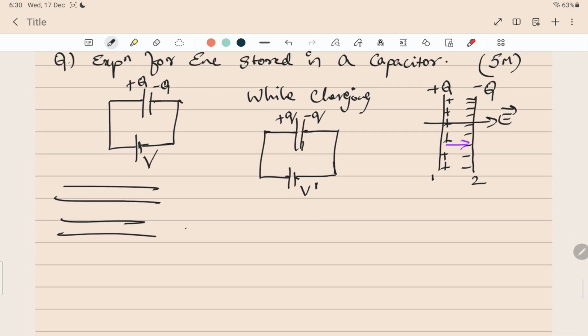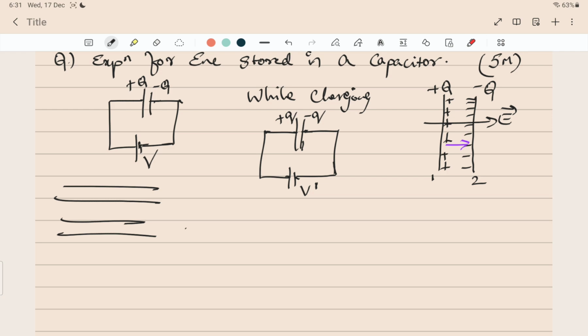First thing is, consider a capacitor of capacitance C initially uncharged, when the potential difference V is applied across the capacitor using a battery. That is the first figure which we have drawn. When potential difference V is applied across it, it acquires a charge plus capital Q and minus capital Q on the plates. That is the first line. Second, consider a process of transferring the charge from one conductor to another.